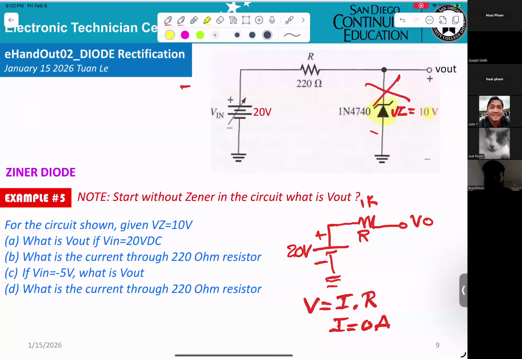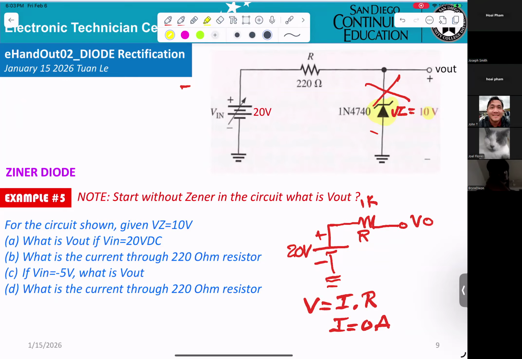Okay, now going back to the problem here. You get 20 volt and you get a zener of 10 volt. Okay, again, with a diode, you can see a normal diode, then you have to come up with diode on or off. For the zener diode, same thing.